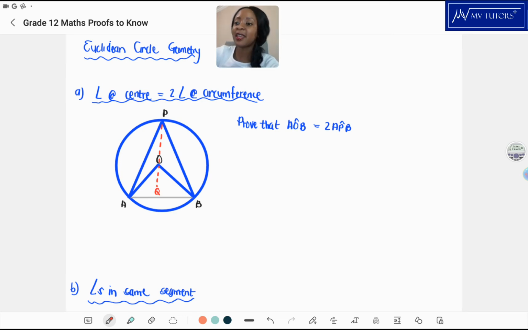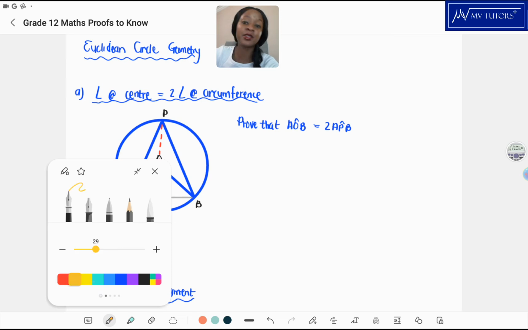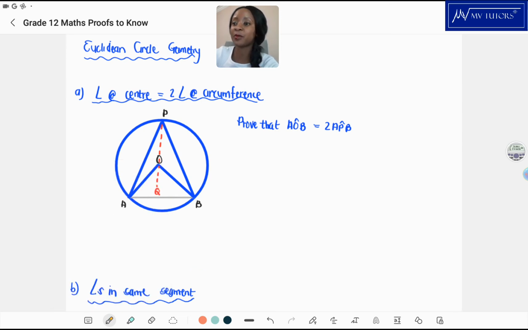Then, I'm going to use a lot of colors here. This is Euclidean geometry. So now you have an angle over here, which I'm going to name O1, and an angle over there, which I'm going to name O2.